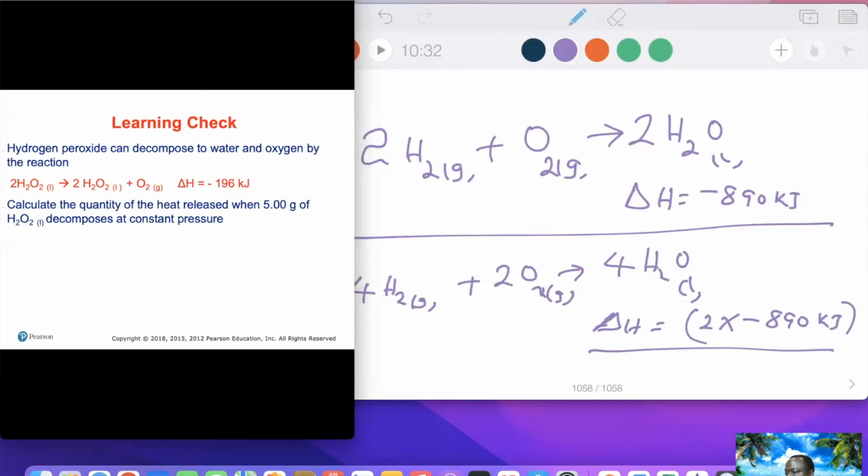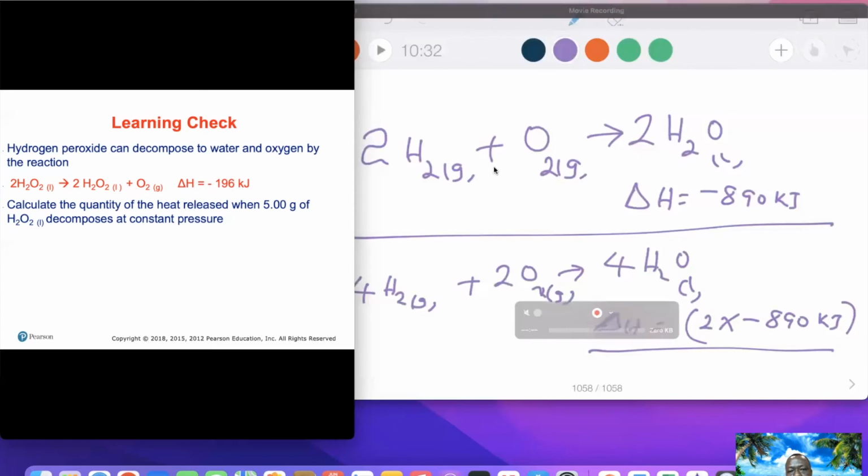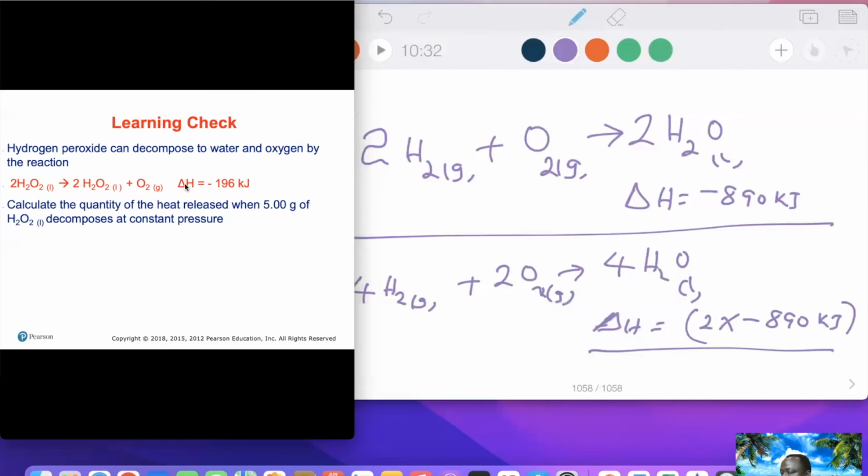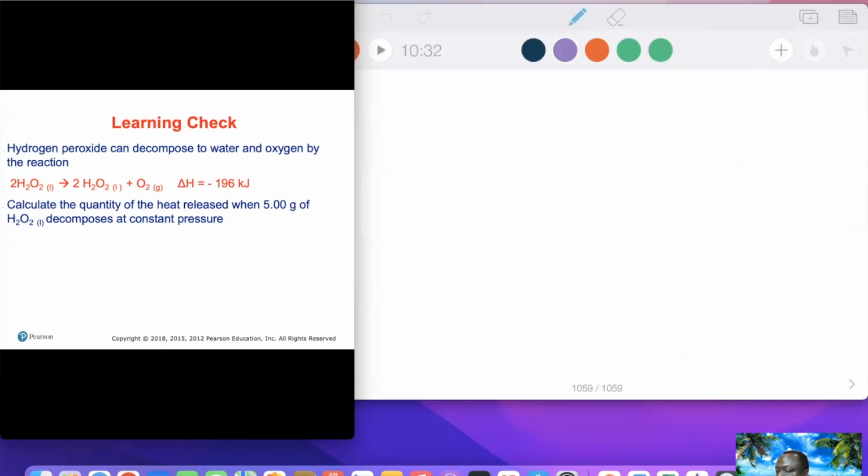All right. So far, what I need you to understand at this point is that when a chemical equation is presented in this form, including the change in enthalpy for the reaction, such as the one on the whiteboard, we call this a thermochemical equation.